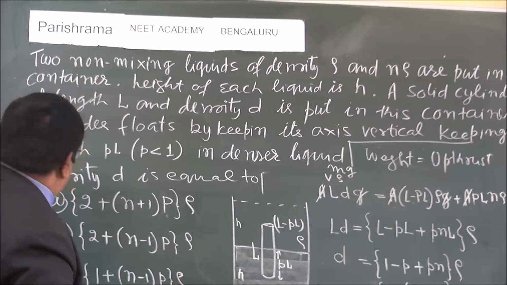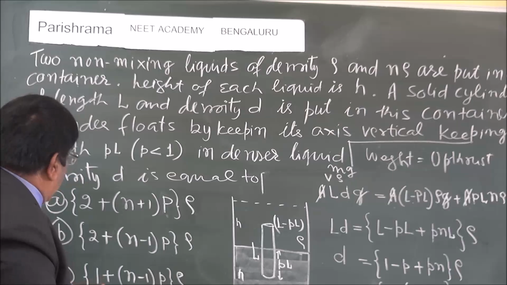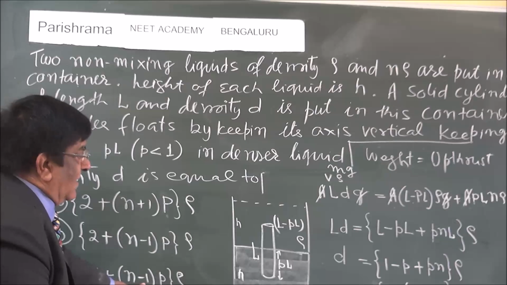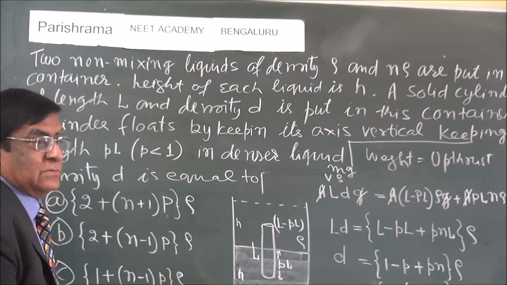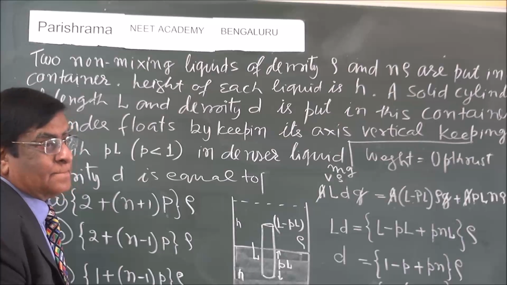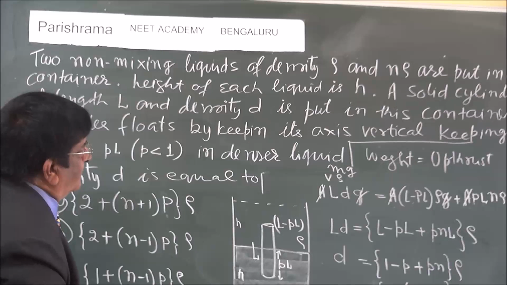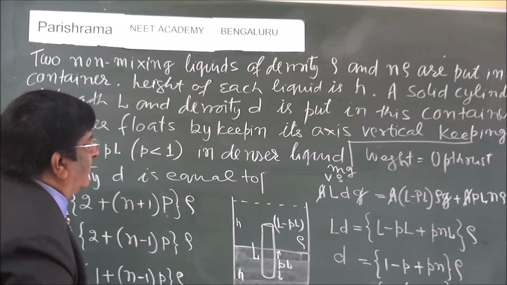Pardon? 1 plus N minus 1 P. How? Something wrong in our calculation?